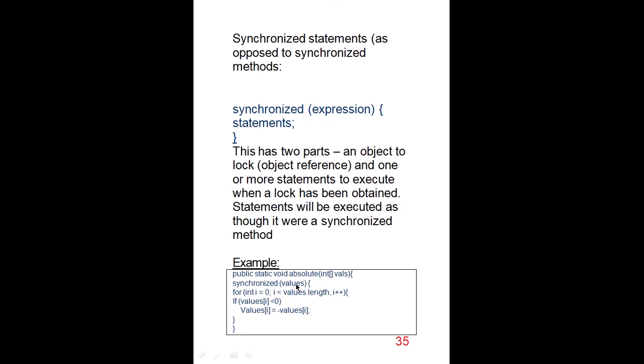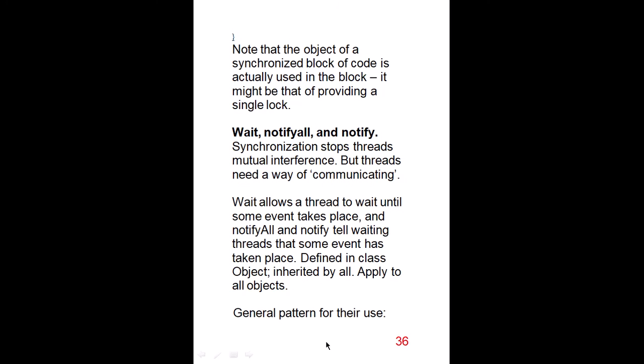There's a typographical mistake here. I should have written values here, and values is the name of an array of integers. I'm going to get the lock on that array and process it by repeatedly changing every value from a negative number into a positive number, and then finish. Another typographical mistake here: that should be a lowercase v. Not too serious when pointed out.